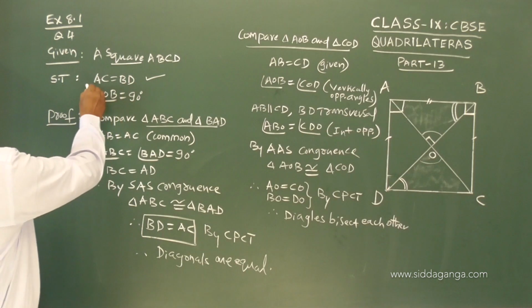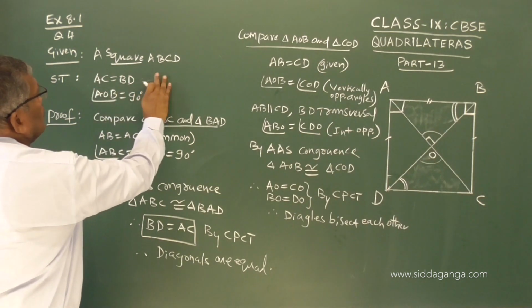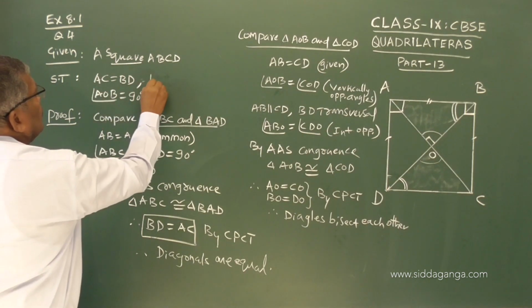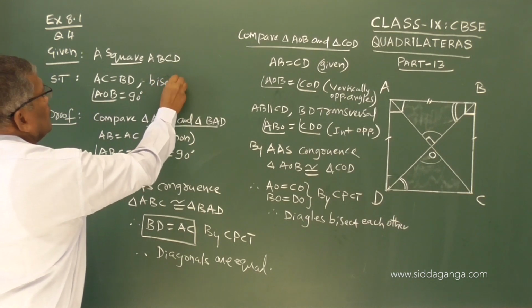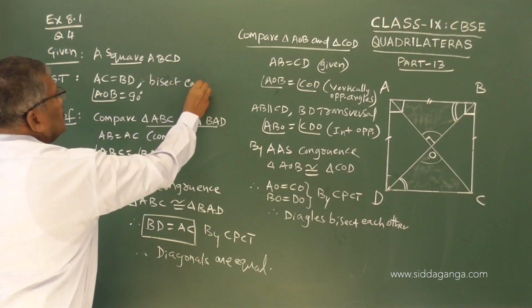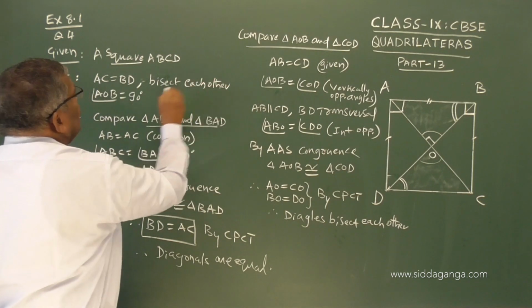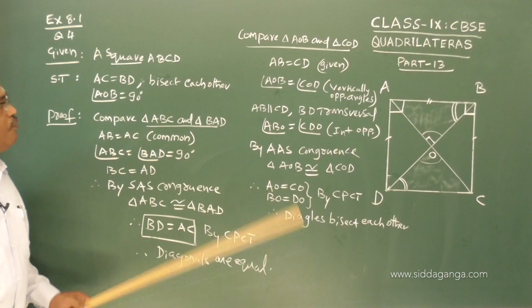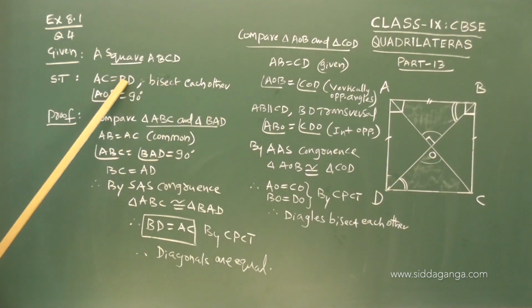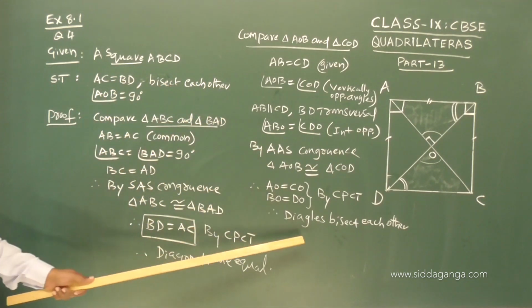So we have to show that AC equals BD. Not only that, they bisect each other, and they are at 90 degrees. So now we have proved these two points, AC equals BD, and they bisect each other.